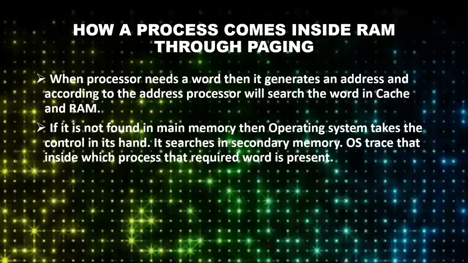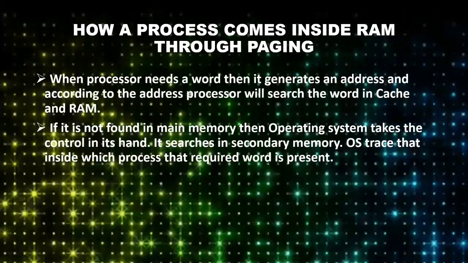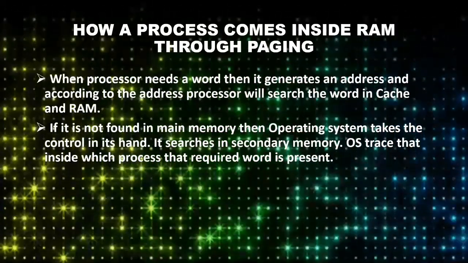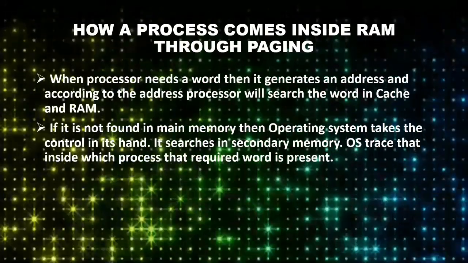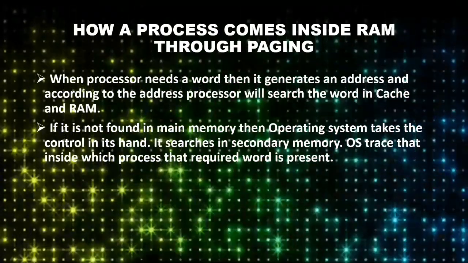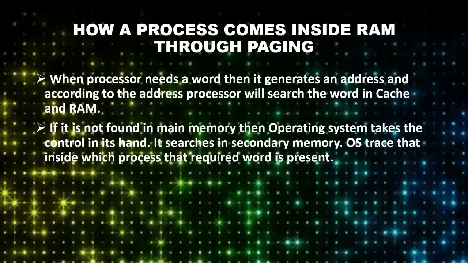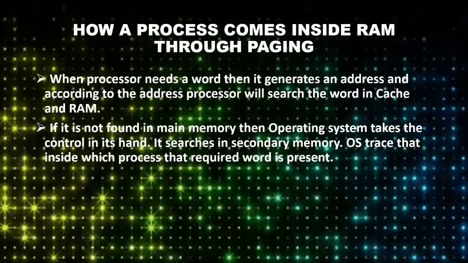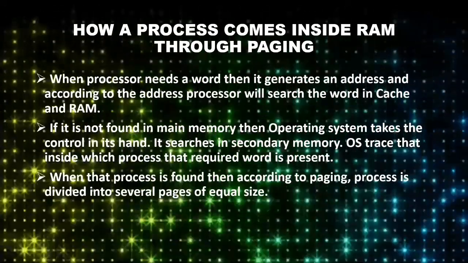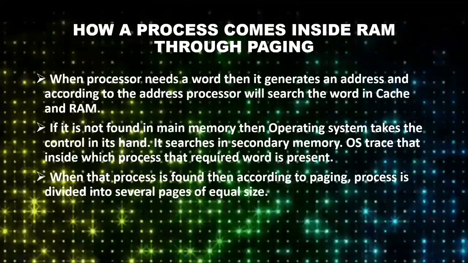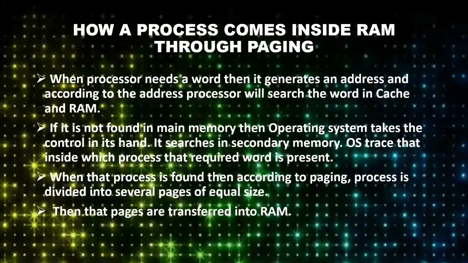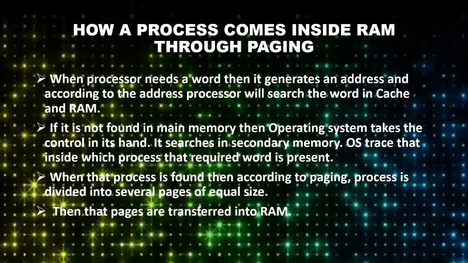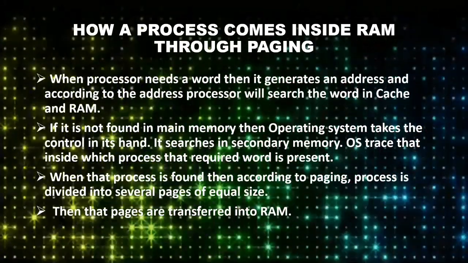When the operating system successfully finds the process where the required word is present, that process is divided into some pages, and then those pages are transferred into the RAM. That is how a process comes inside RAM through paging.